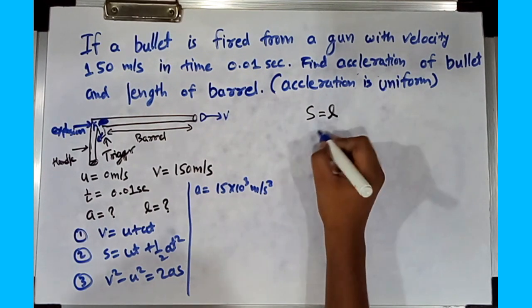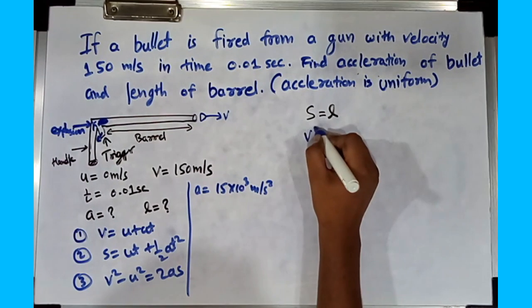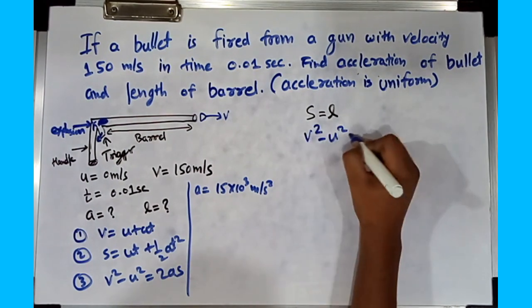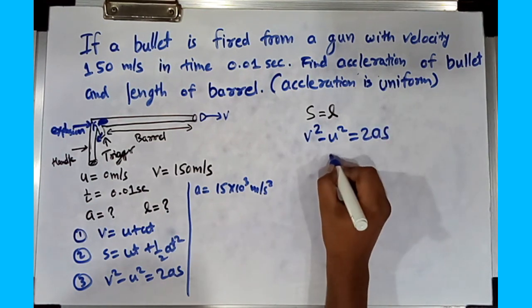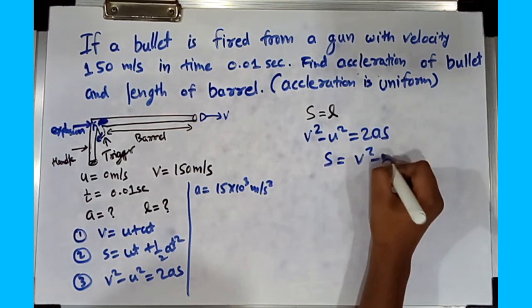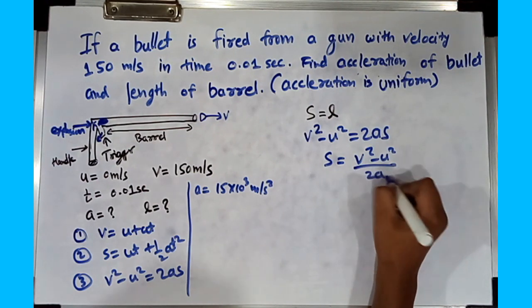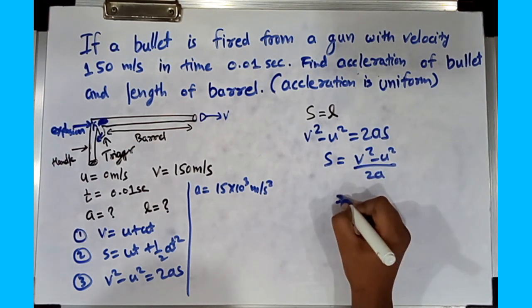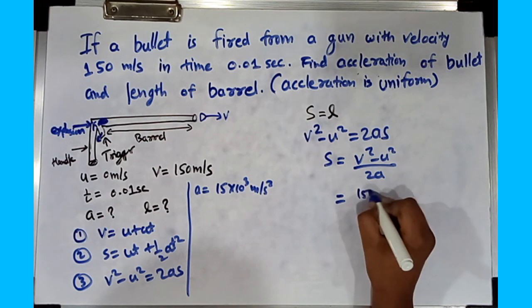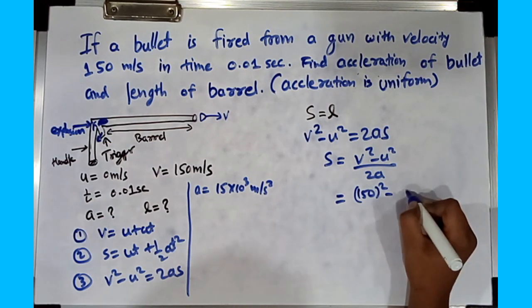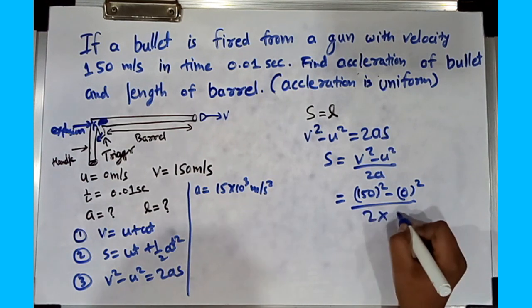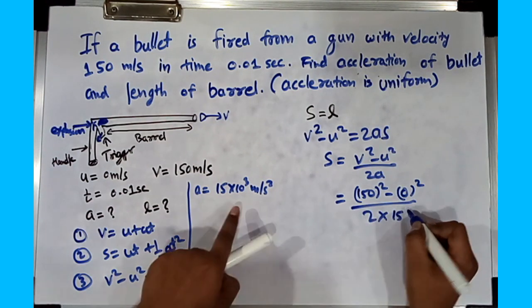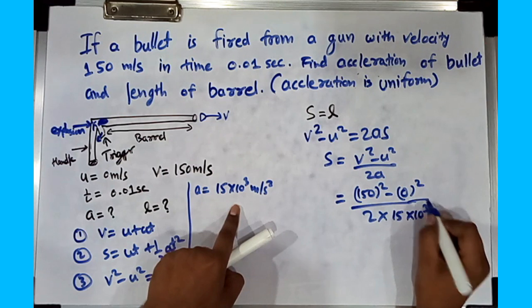To find displacement we will use the third equation, which is v square minus u square is equal to twice as. We can rewrite it as s is equal to v square minus u square upon twice a. In this, the value of v is 150 square minus the value of u is 0, so that square, upon 2 times the acceleration, which is 15 into 10 raised to 3.